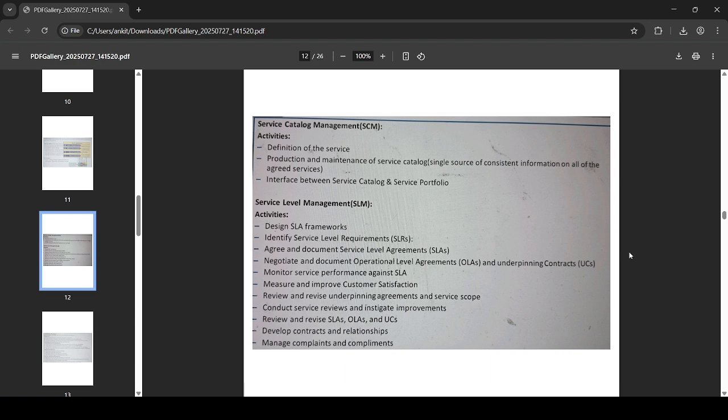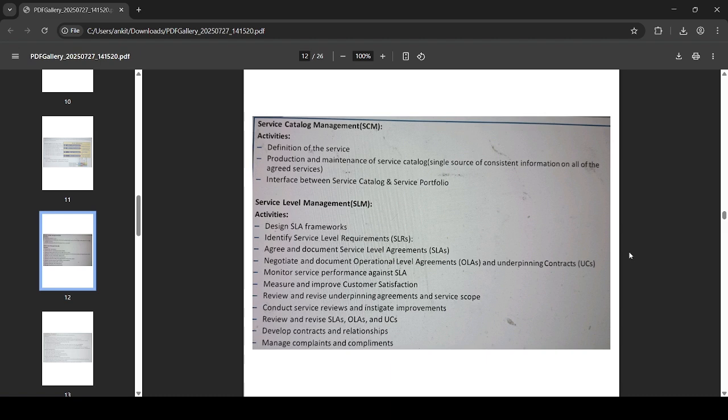Service catalog management is the production and maintenance of the service catalog, a single source of consistent information on all of the agreed services.